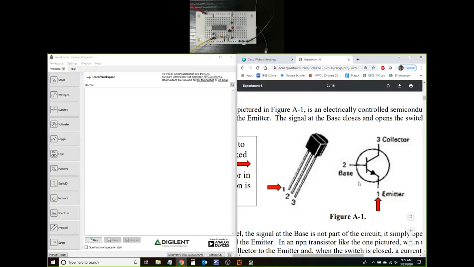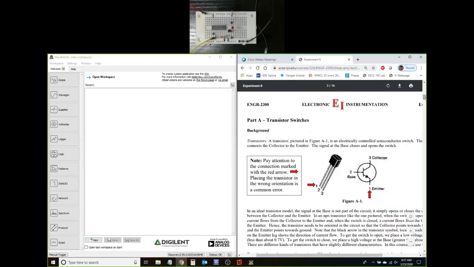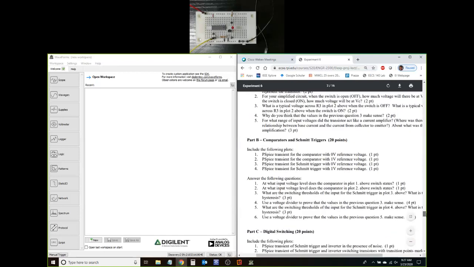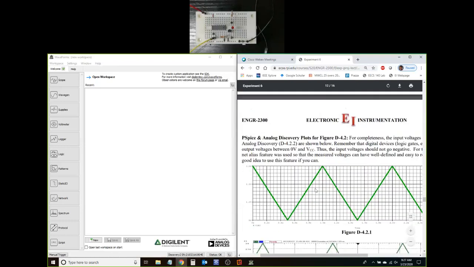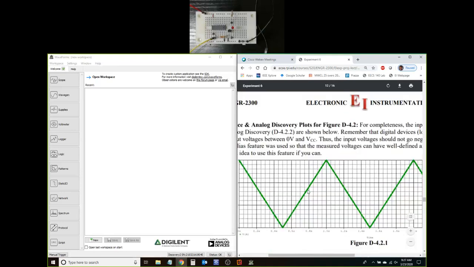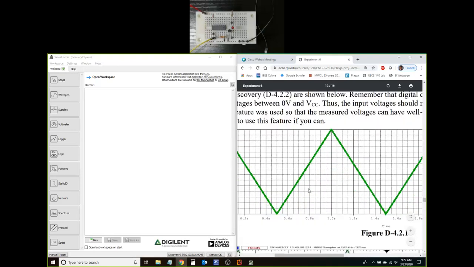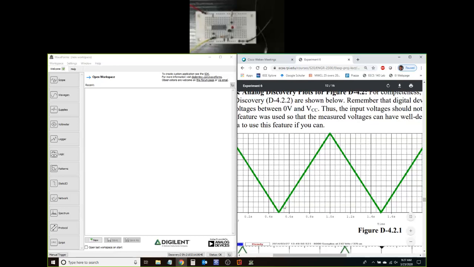So let's continue working here. We are going to go down to figure D-2, and essentially I'm going to set up my input as a triangle wave that you are able to see over here. We said half a second it rises and half a second it falls. That's exactly what it is doing. So if rise time is half a second, fall time is half a second, and the period is 1 second, then it will look like a triangle wave.